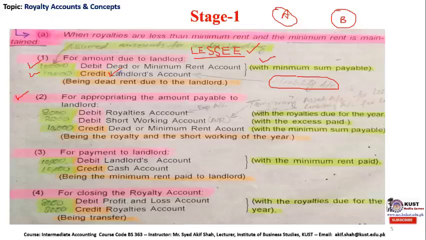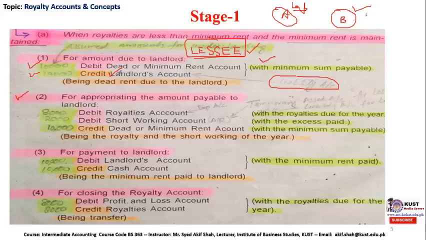Now, what are the different kinds of amounts that should be paid out to the landlord? The first thing is the royalty account. Once again, I am referring to the lessee's books of account. The royalty account, from the perspective of the lessee, which is party B in this case, while party A is the landlord, our lessor.